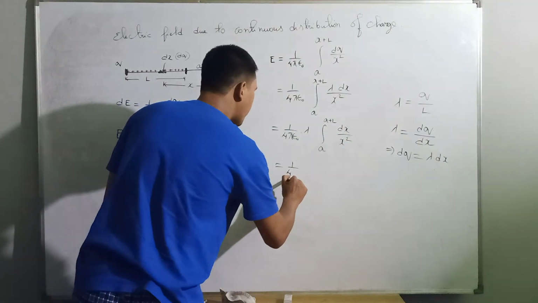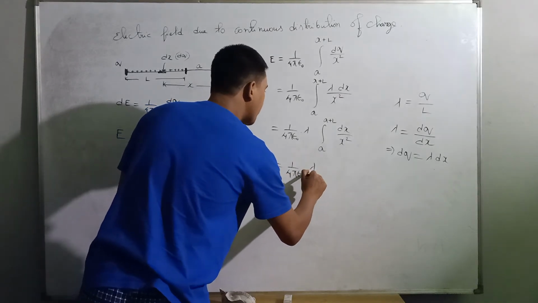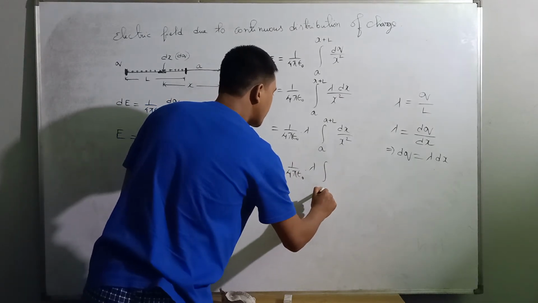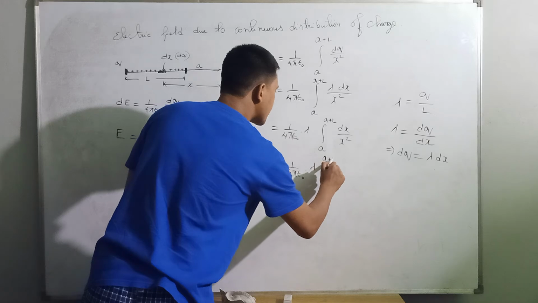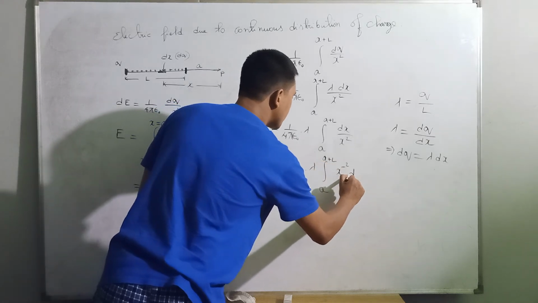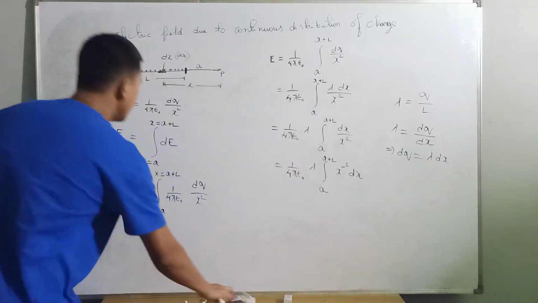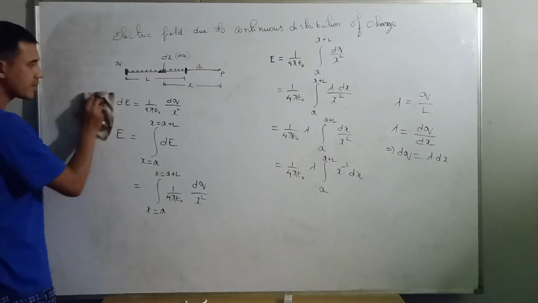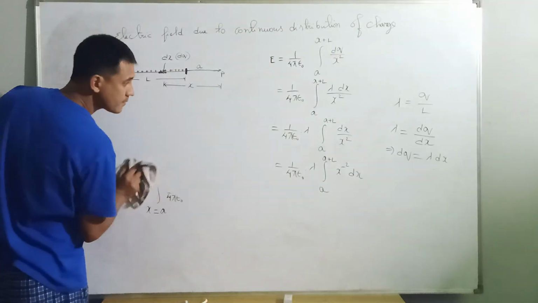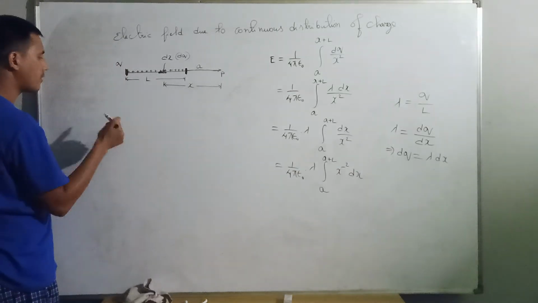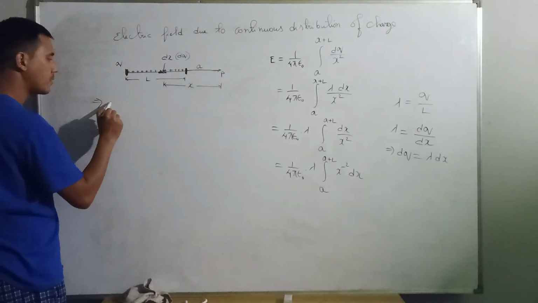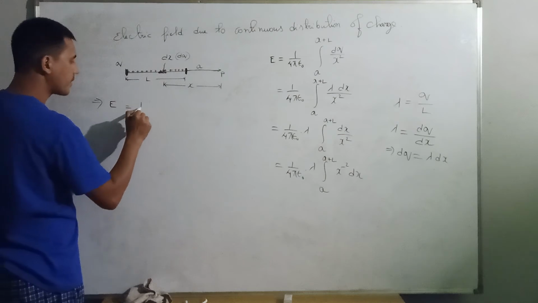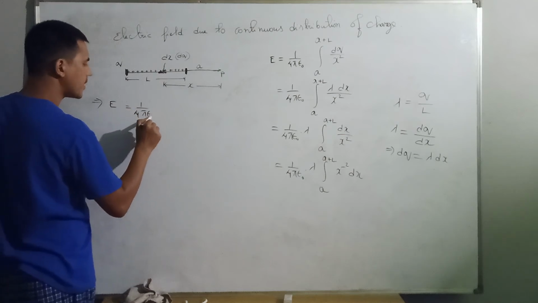So 1 by 4 pi epsilon naught times lambda, integration from A to A plus L, x to the power minus 2 dx. Correct? Is this okay with you? I'm going to rub it out. Therefore your E will be 1 by 4 pi epsilon naught lambda.